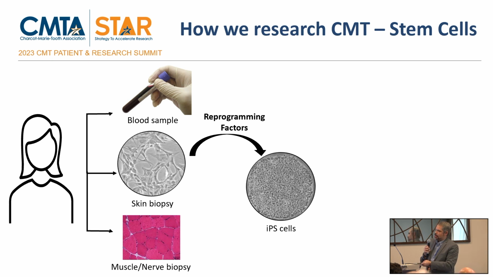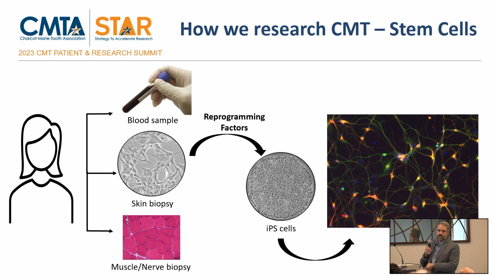And that's what our lab does. We collect samples from patients, usually skin, and then make those stem cells. And then with further work, we can make them into nerve cells. And those are actually human CMT motor neurons. And with this, we can then study what's wrong with them, what the main problems are, and also test treatments before getting to a patient.